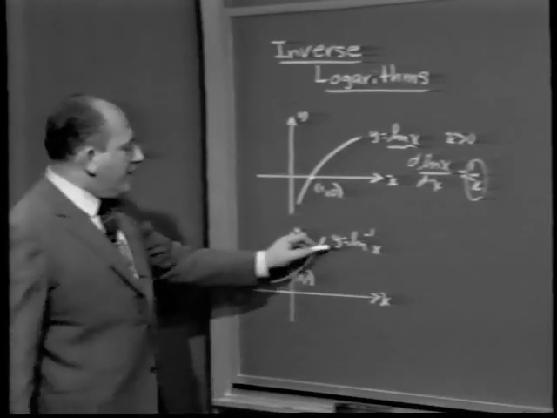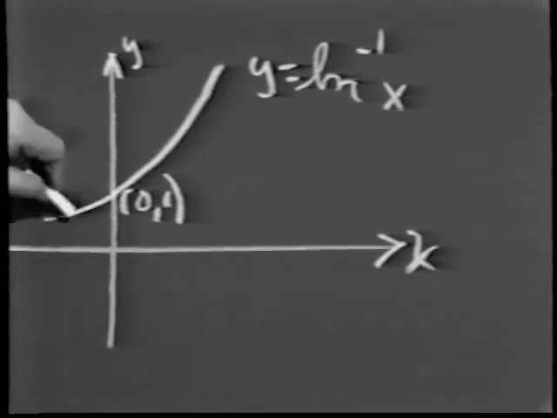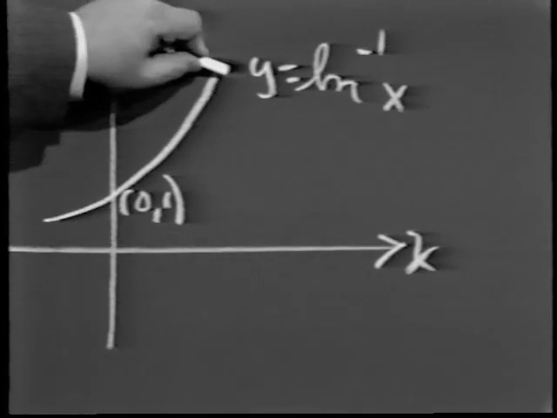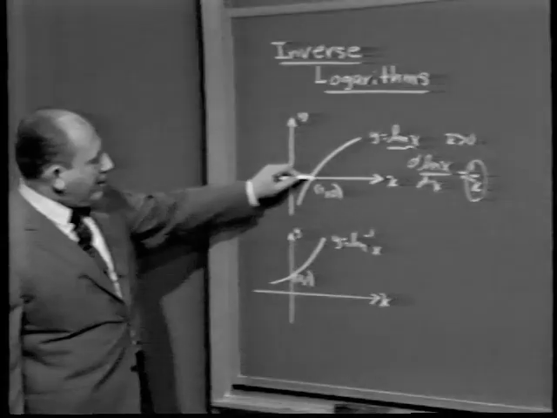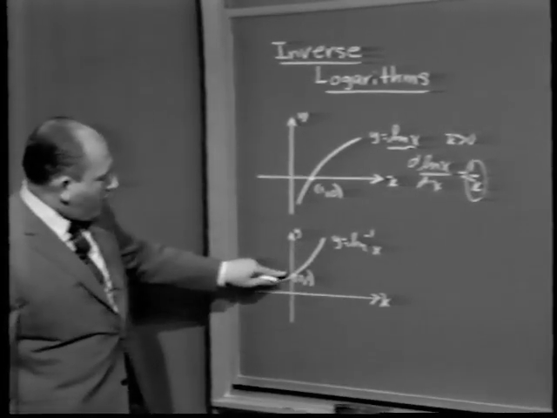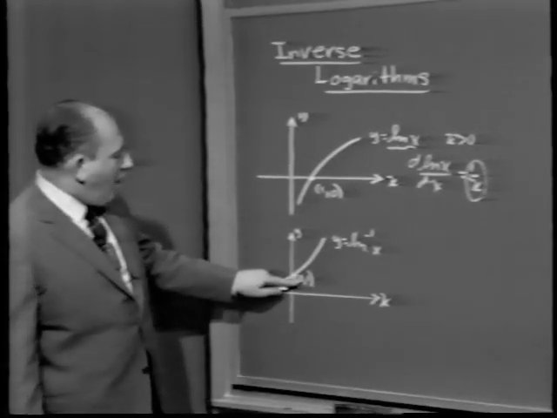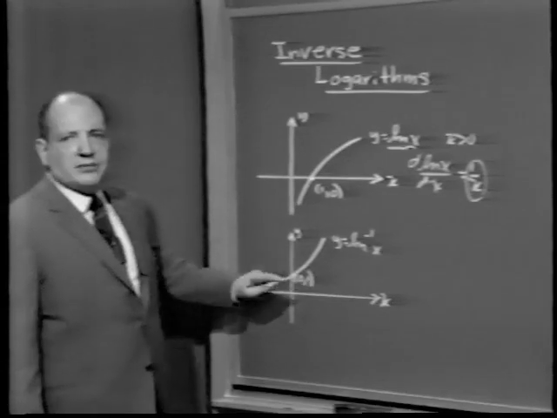In any event, if we do this, we find that the graph of the function y equals inverse log x is this particular curve. And notice the correspondence. If this is the point 1, 0 on the log curve, the inverse point is 0, 1. In other words, the inverse log of 0 is 1.